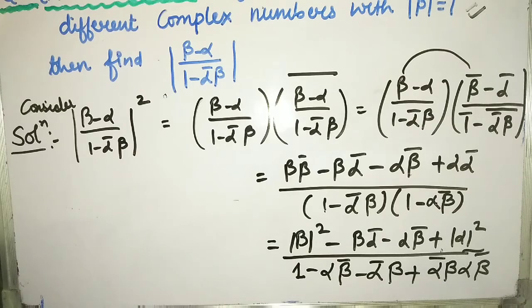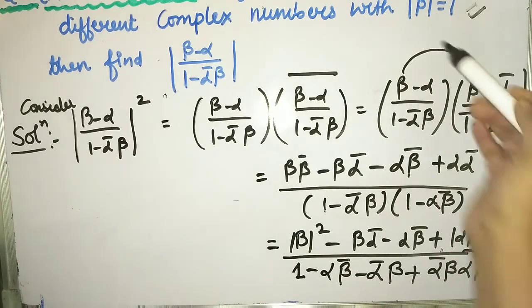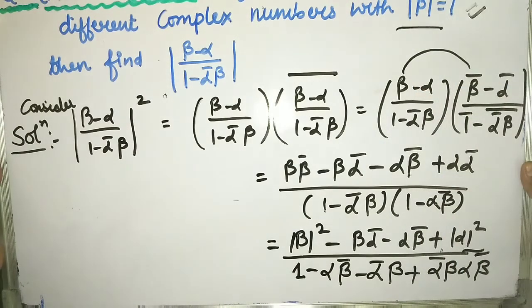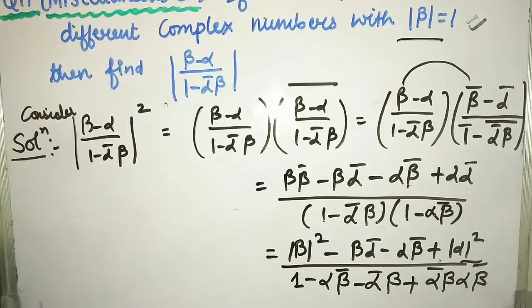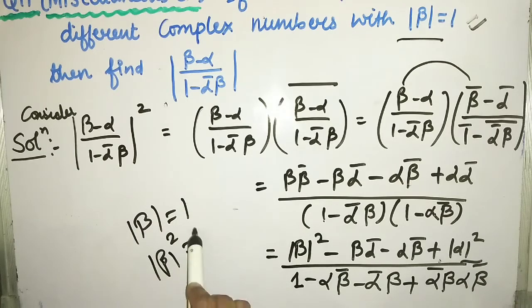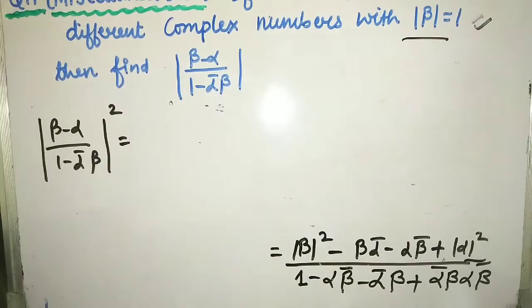You can get an idea, because the modulus of beta is given, it is equal to 1. I am going to replace this modulus of beta square as 1, because if the modulus of beta is 1, modulus of beta square is also equal to 1.